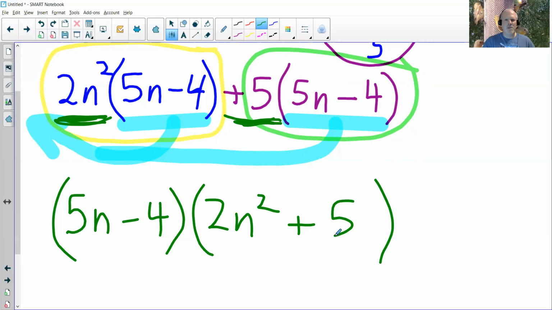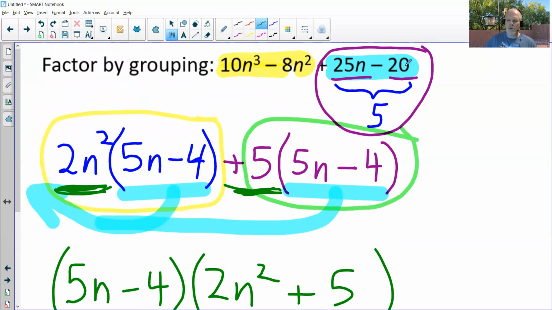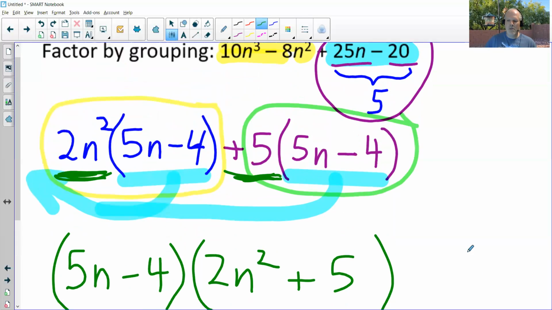And that's my answer. Now, you could test this out yourself, but if you FOIL this, multiply those two binomials, you will get the original polynomial.